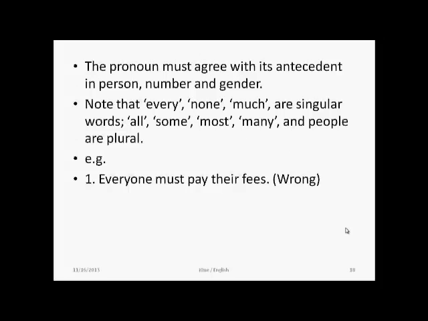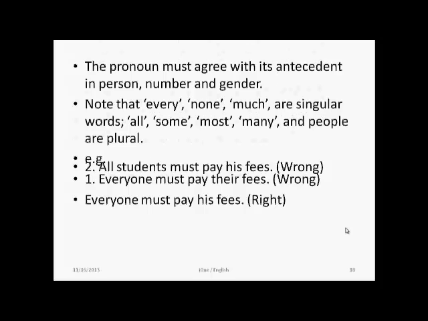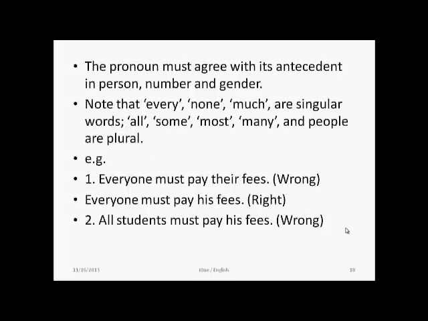Everyone here is singular. So the correct form would be everyone must pay his fees or everyone must pay her fees. Similarly, we do not say all students must pay his fees. All, remember, is plural. So we say all students must pay their fees.